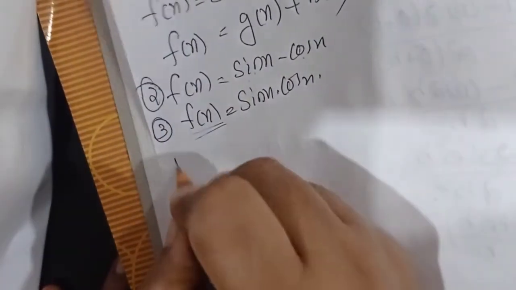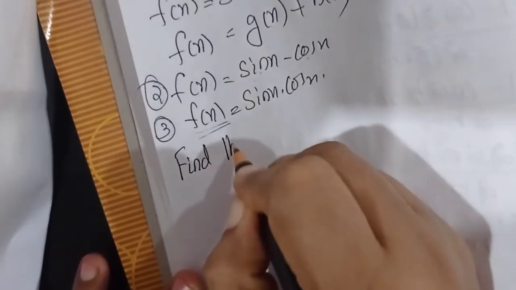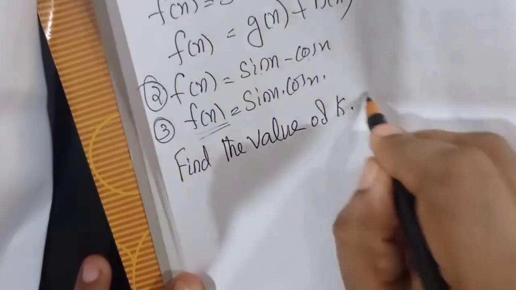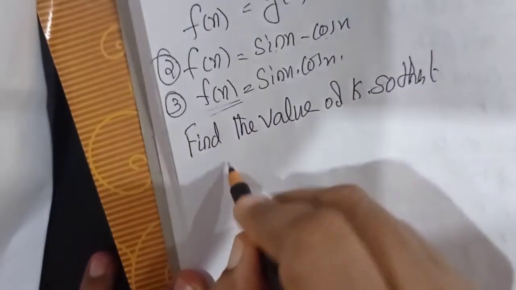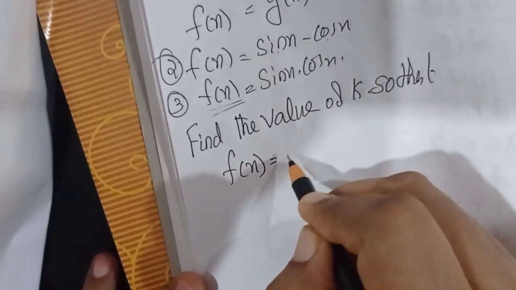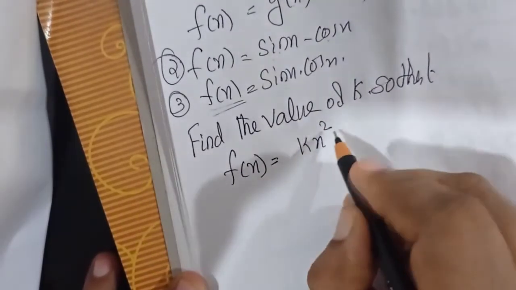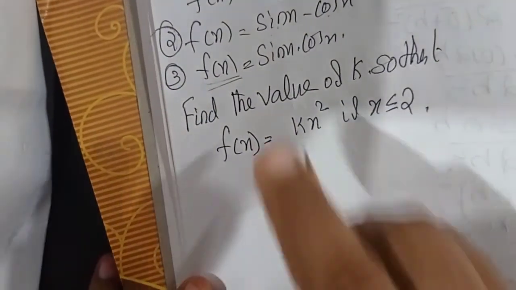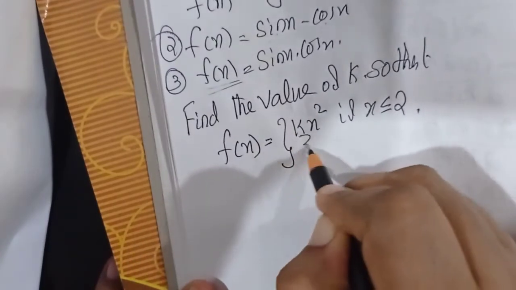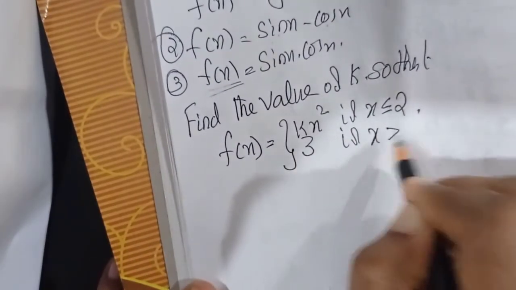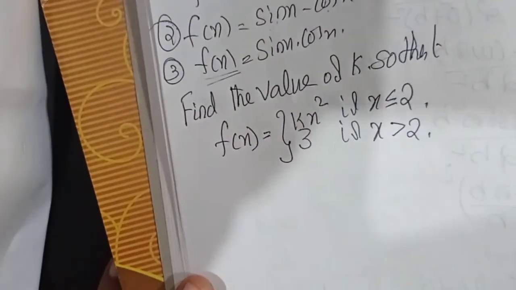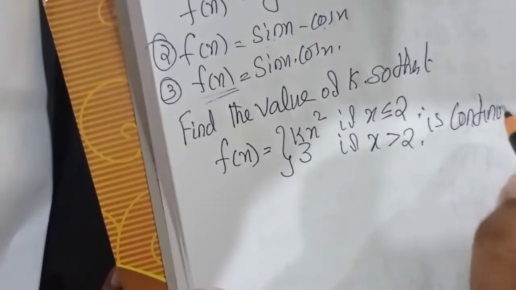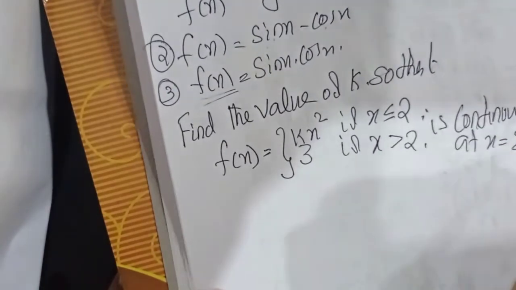Right, the next type of questions. Find the value of k, very important. Find the value of k so that f(x) is equal to kx square if x less than or equal to 2, and f(x) takes the value 3 if x greater than 2, is continuous at x equal to 2.